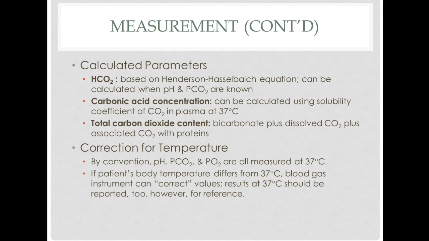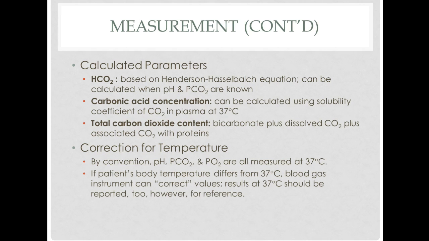In addition to using electrodes for parameters, there are calculated parameters as well. The HCO3 is based on the Henderson-Hasselbalch equation and is calculated when the pH and PCO2 levels are known. The carbonic acid concentration can be calculated using the solubility coefficient of CO2 in plasma at 37 degrees.